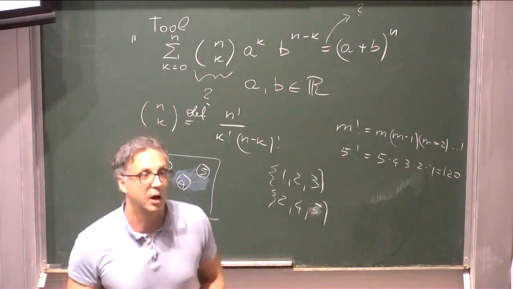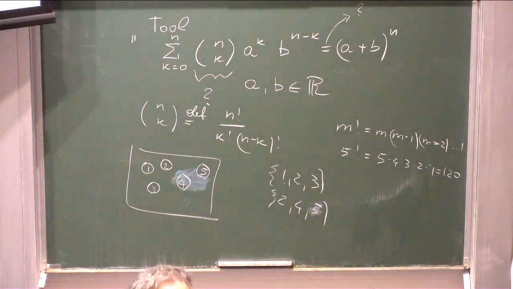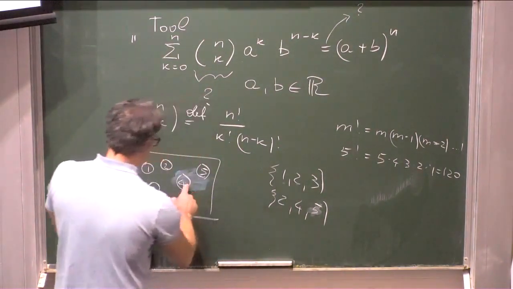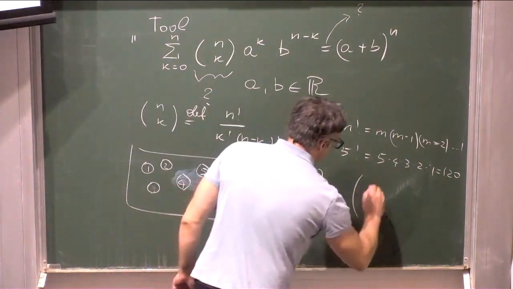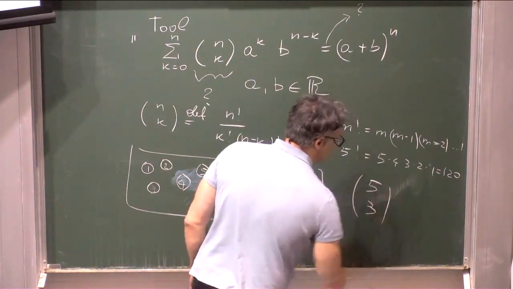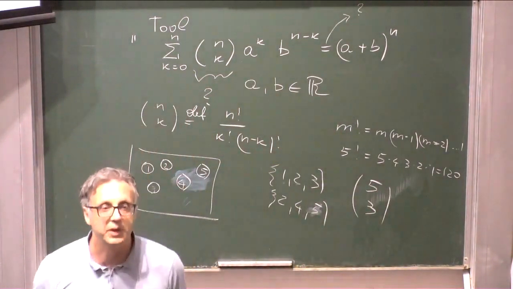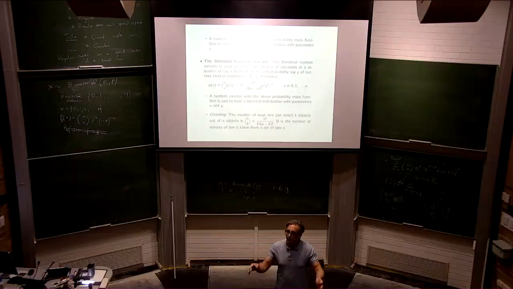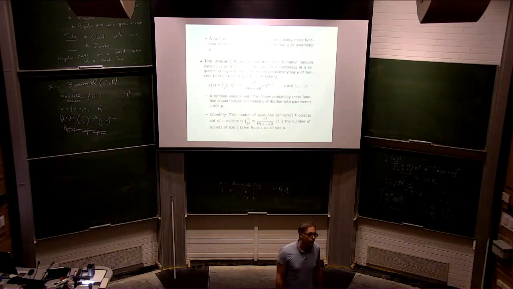How many different outcomes can you have? If you just pick 3 balls, what you have is 5 choose 3. There are 5 choose 3 different ways to pick 3 different numbers out of the 5 that are written there. So as you can see, it's a very useful object.